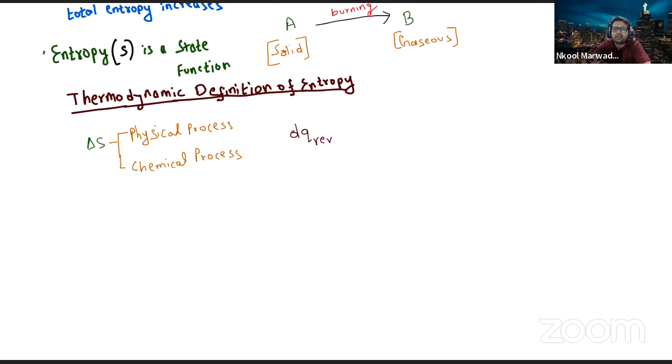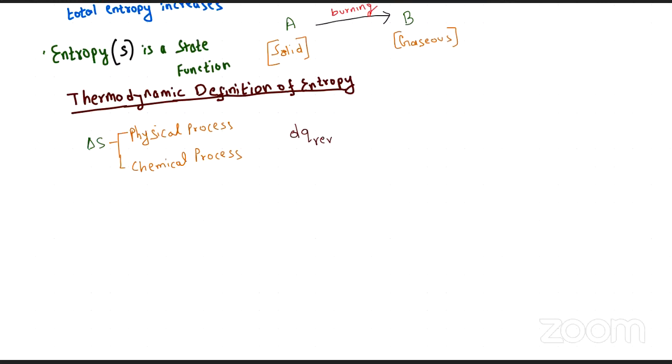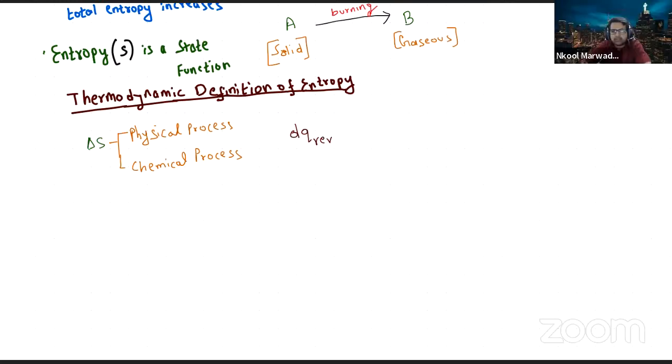If heat transfer is taking place, there will be a dq term involved: the amount of heat transfer, either from the system to the surrounding or from the surrounding to the system. So that is the dq rev, heat transfer in a reversible process, at any absolute temperature T.